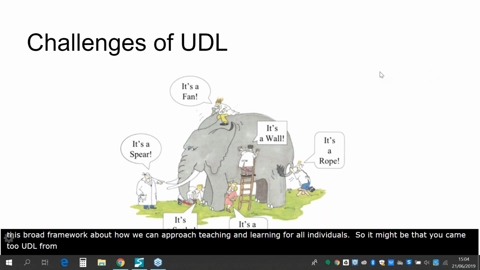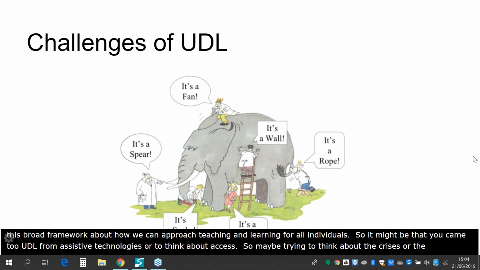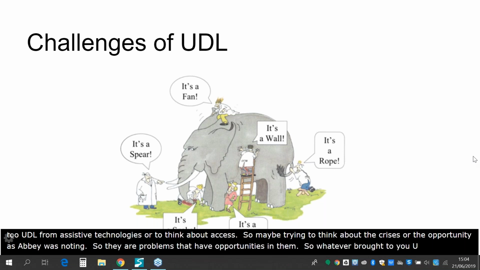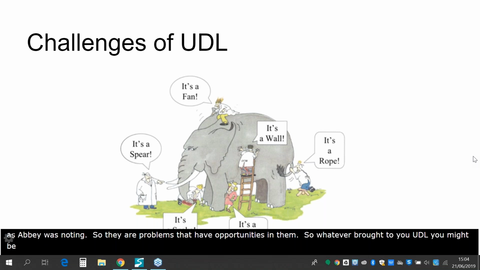Some of you may have come from the lens of the crisis or the opportunity, as Abby was noting. Sometimes at CAST we call these problematunities. They're problems that have opportunities in them. Whatever brought you to UDL, you might hear other people talking about UDL and think, wow, there's really more out there.